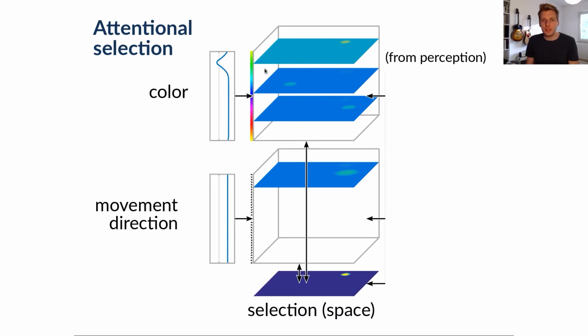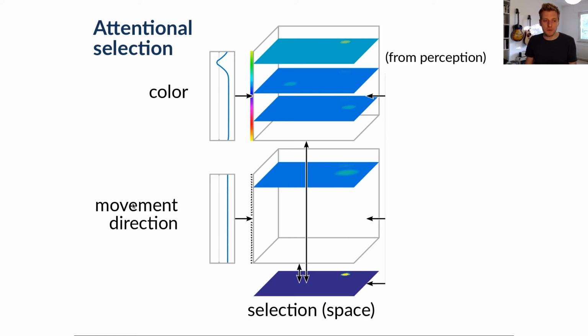This field, without any input from the 1D field, doesn't create any peaks, but only subthreshold bumps of these representations of objects. But with input from these one-dimensional fields, that input actually then becomes like a whole sheet of activation, which then may overlap with the bumps of input here and highlight objects, in this case, that are green. And the activation from this 3D field is projected down onto the two-dimensional space, and you can see that it reads out the spatial position of the green object here.